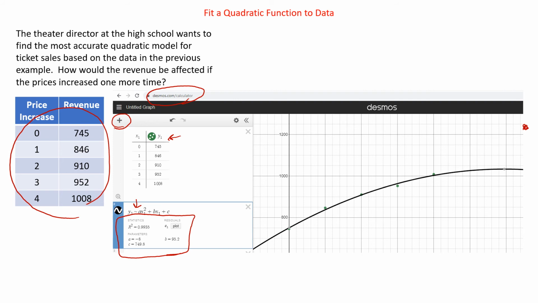So what does this tell you? This gives you the a, b, and c that go into the equation. So our equation is y equals -8x squared plus 95.2x plus 749.8.